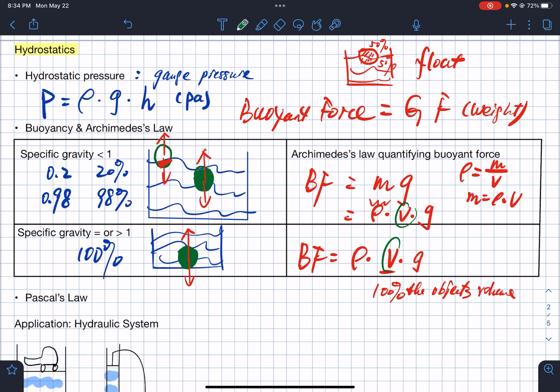But here, because the displaced water's volume equals the volume of the ball, this V is 100% of the object's volume. Whereas here, how much volume of water gets displaced is just the same as how much volume of the ball is submerged in water. I hope that makes sense.